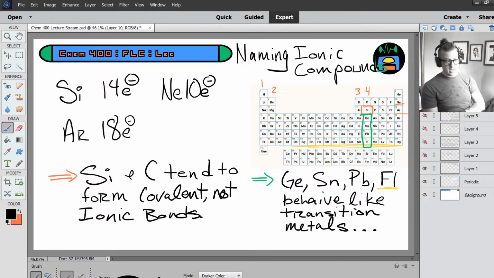So you'll learn how to handle germanium, tin, lead, and FL in just a few minutes. And you don't need to worry about silicon or carbon showing up in ionic compounds because I won't go there.